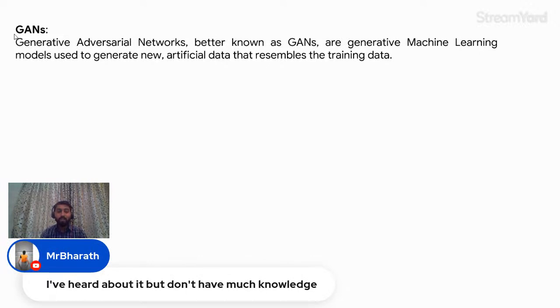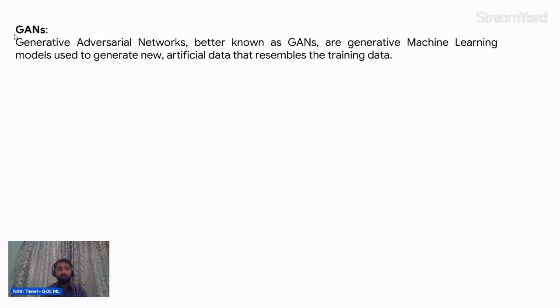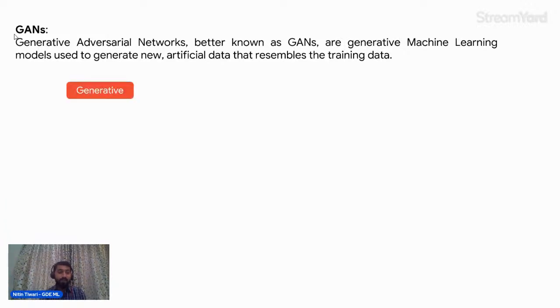In this case, GANs are trying to generate artificial data from the data that we provide to the computers. If I were to break down the whole term generative adversarial networks, let's understand it one by one. Generative means the computer itself generates new data. Next is adversarial.